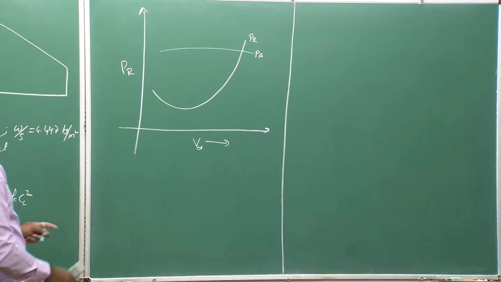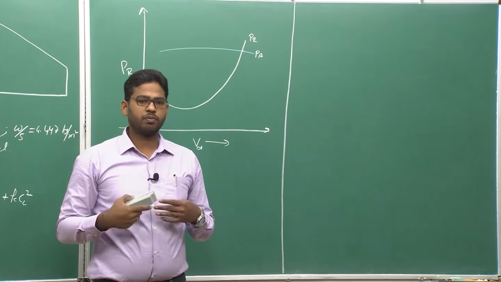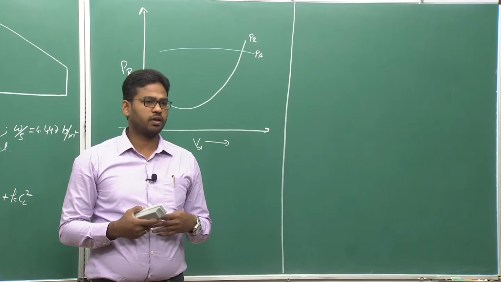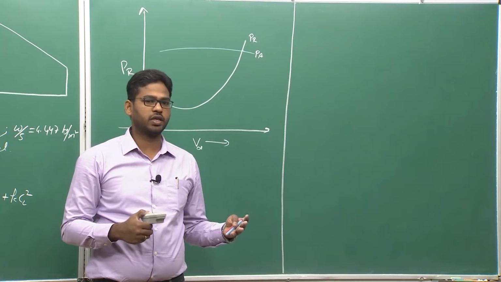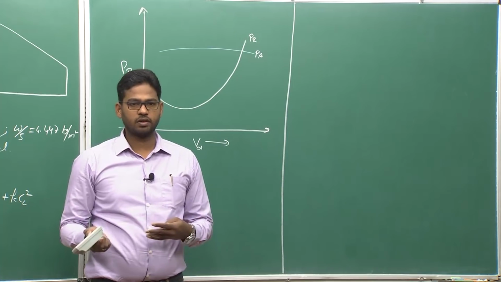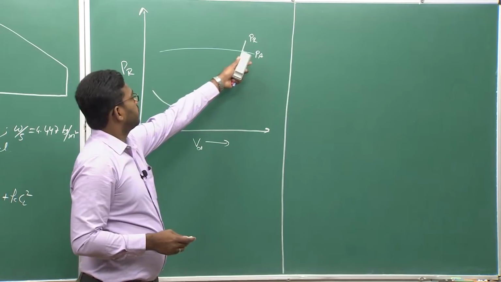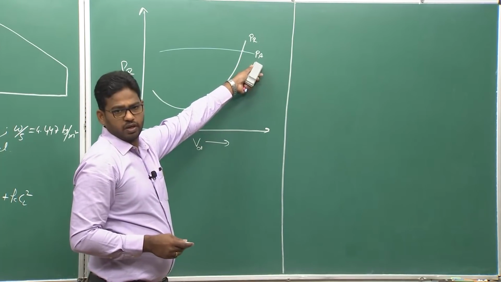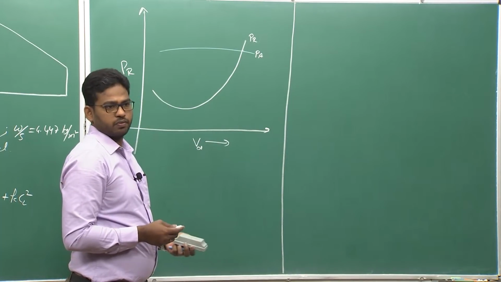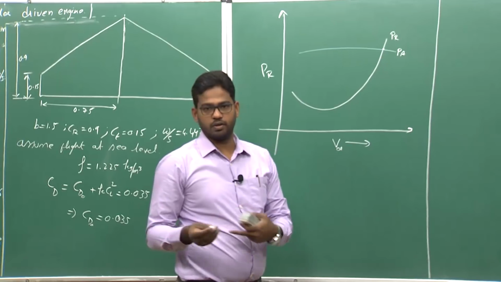So, we need to mention what is the maximum power required by the system. If you know the maximum power required, then this amount of power has to be delivered by the power plant, the propeller as well as engine combination. If we come up with the power available, we will be able to specify the corresponding power plant.